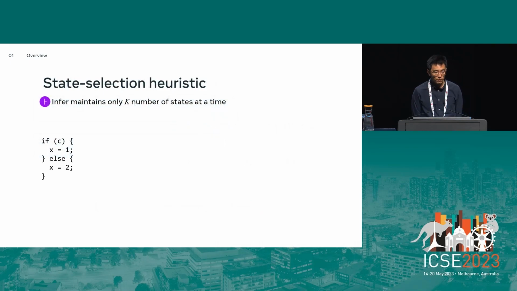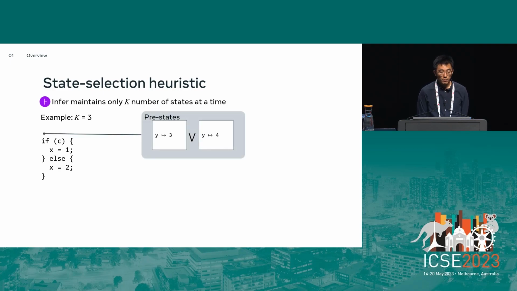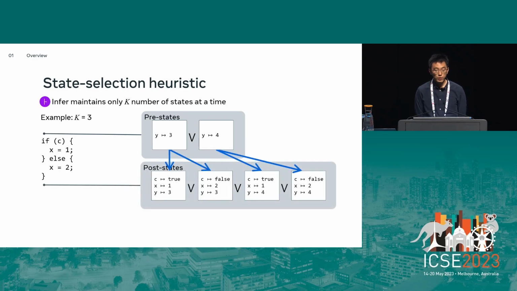In the case of Infer, they use a state selection heuristic. So it maintains only k number of states at a time. For example, let's say k is 3, and also assume that before this if branch, we have 2 pre-states, y is 3 or y is 4. Then for each state, depending on the value of C, it may be true or false, so it will produce 4 different states.